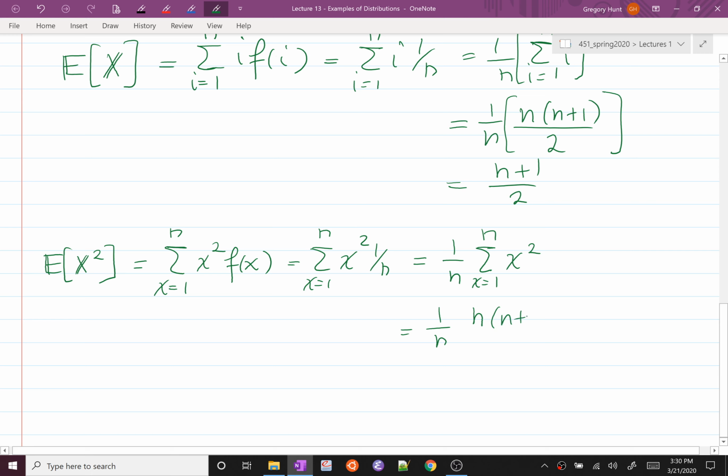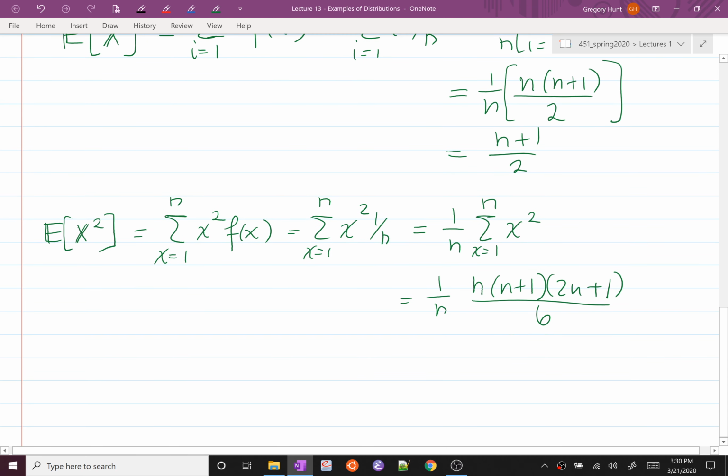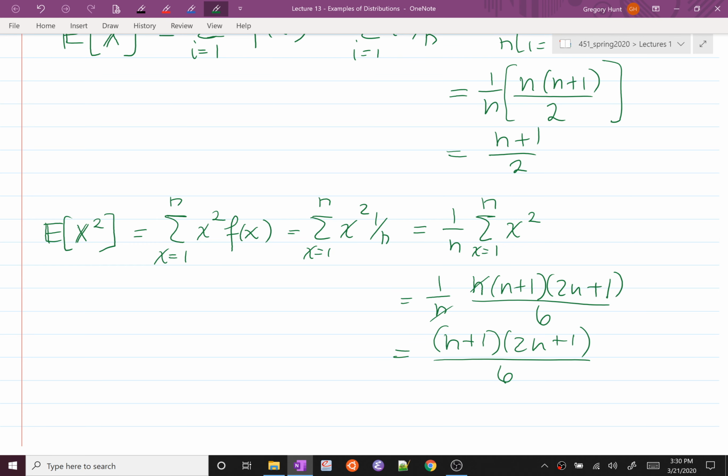It's n times n plus 1 times 2n plus 1 over 6. Where does that formula come from? Google. Google tells me that's the formula. And a little beyond the scope, that can be proved. But in this case, our n's cancel here, and we get n plus 1, 2n plus 1 over 6. So that's the expected value of the square. Not a particularly interpretable formula. It's bigger, maybe.